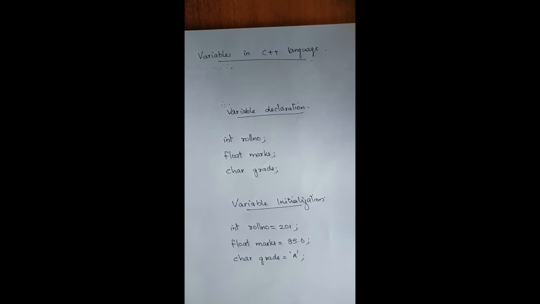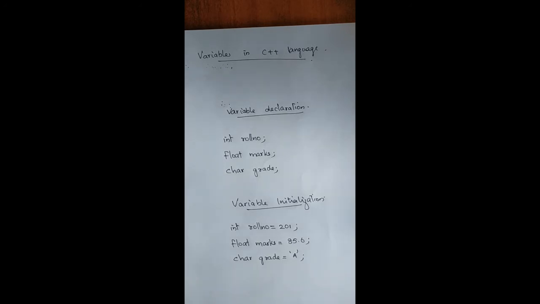Now let's check how to declare a variable. Variables in C++ language. A variable is a name of storage space which is used to store data. Its value is changeable. It always contains the last value stored in it. It is always declared with a data type.